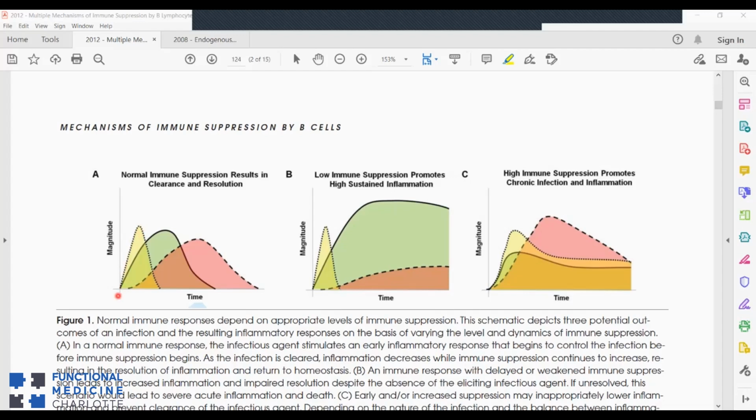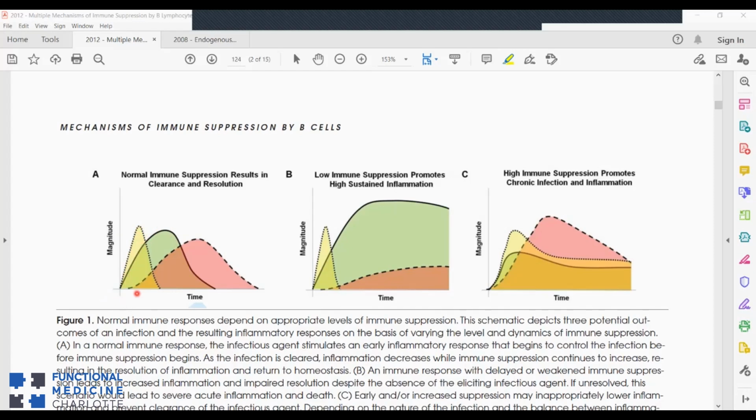Shortly after time 0, the green area is the pro-inflammatory immune response. Shortly after time 0, the immune system recognizes that there's an infection on board and starts to mobilize and create a pro-inflammatory response in order to clear the infection.